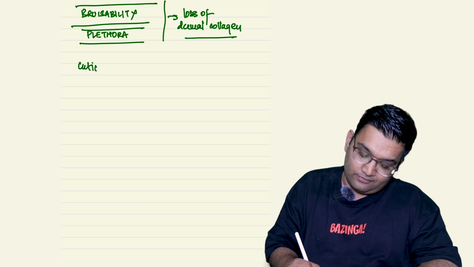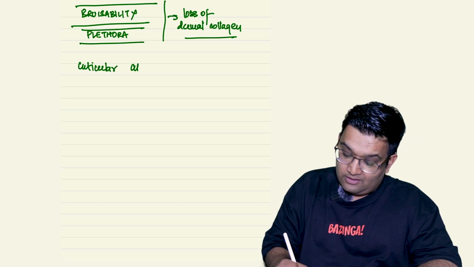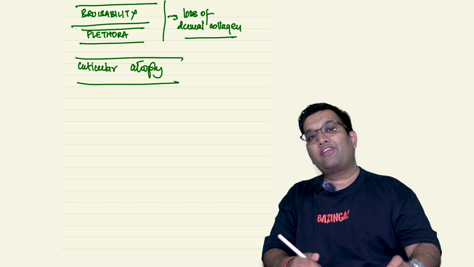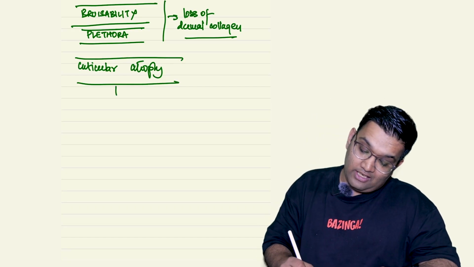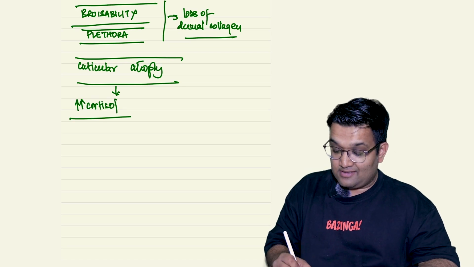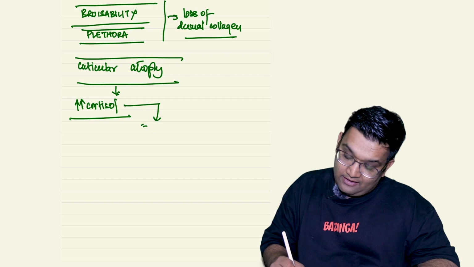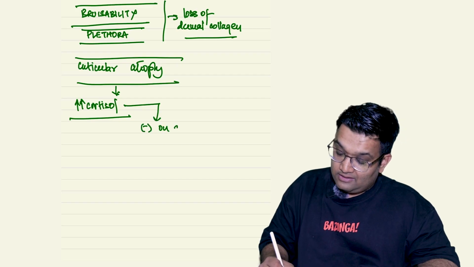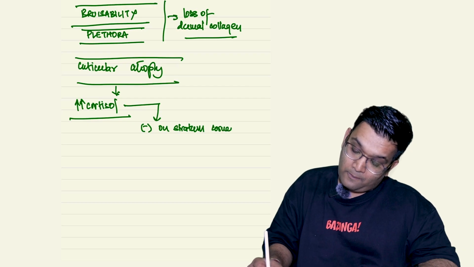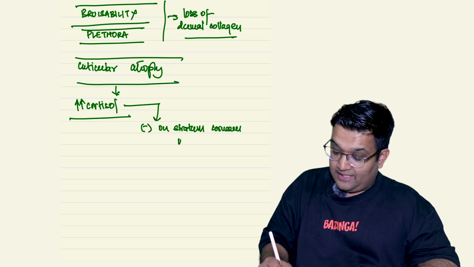Cuticular atrophy. This is also very important. So why does cuticular atrophy occur? Cuticular atrophy, it is very interesting. Hypercortisolemia has an inhibitory effect on the stratum corneum multiplication.